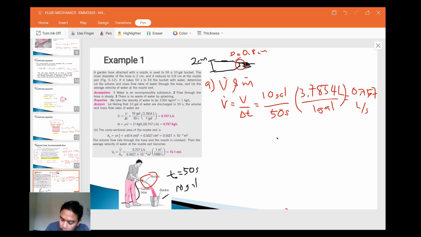Okay, we also know that to calculate the mass flow rate, mass flow rate is equal to rho V dot. Our density is assumed to be 1 kg per liter.